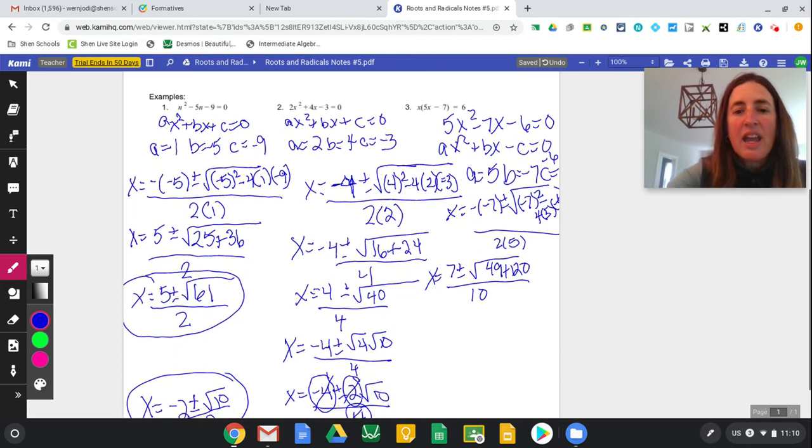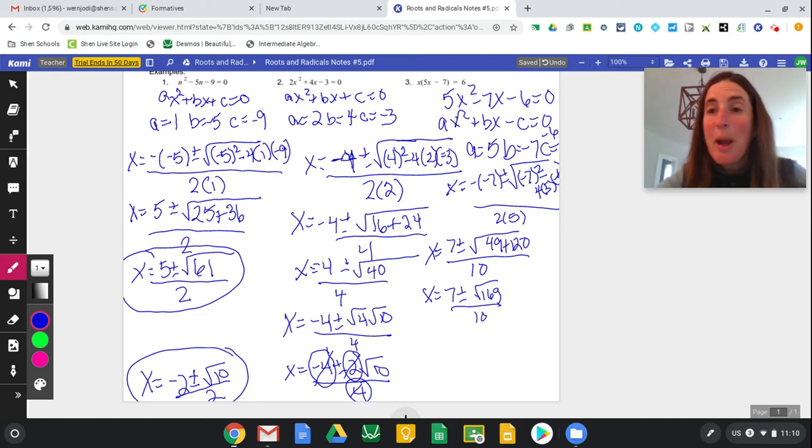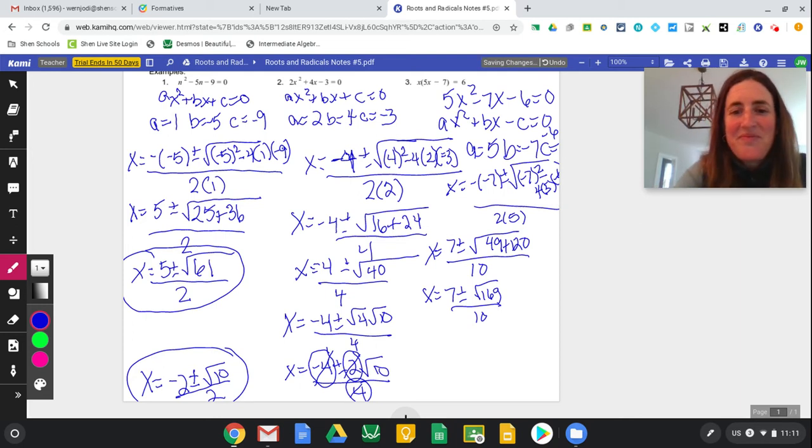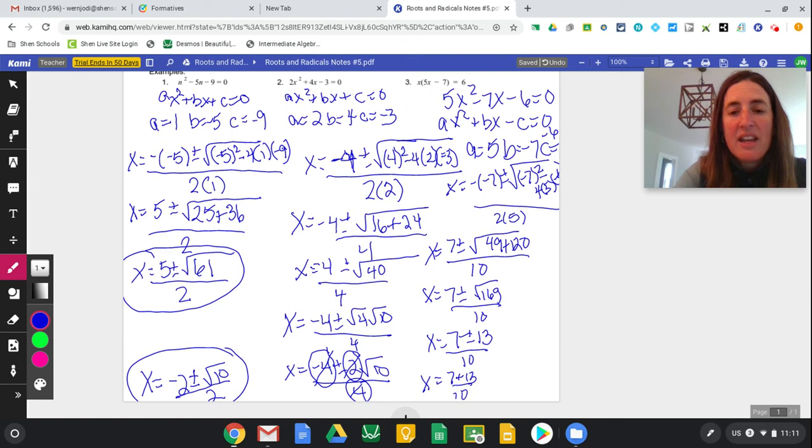And this time, if I add the numbers together underneath here, that gives me the square root of 169, which is actually a perfect square. So now I have 7 plus or minus 13, divided by 10. I can actually get 2 numerical answers for this. So it's going to be 7 plus 13 divided by 10, or 20 divided by 10, which is 2.